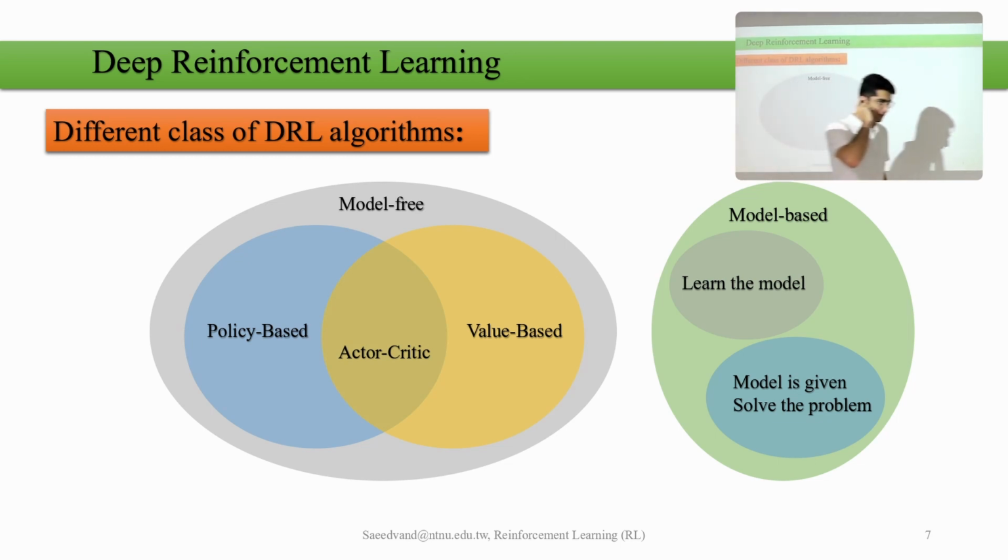Okay, now let's have a look at a general view of the algorithms. We say in deep reinforcement learning, we have different classes of algorithms. First of all, model-free. Do you know what it means? In model-free techniques, we have value-based techniques. Do you know what that is? On the other hand, we have policy-based techniques.